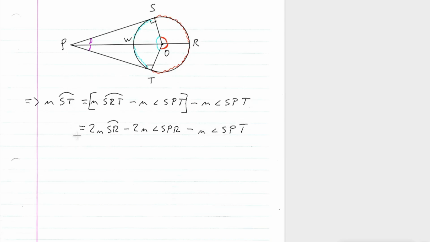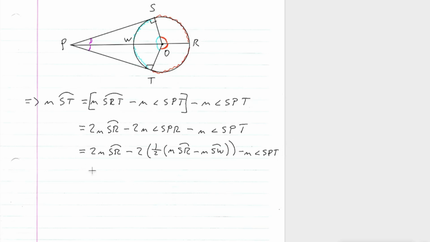Okay, so now this is equal to 2 measure of arc SR minus 2 times the measure of angle SPR, which is the same thing as half of the measure of arc SW, so the measure of arc SW. And then of course minus the measure of angle SPT.